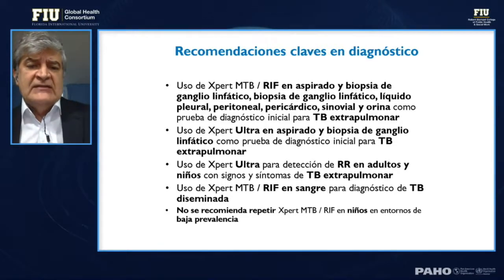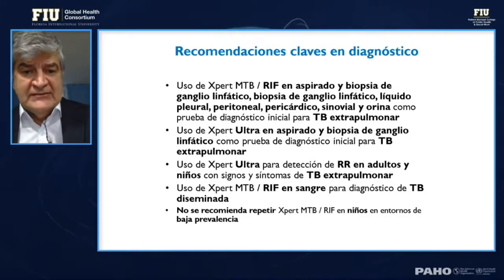Next slide, please. It's important to mention that besides the cerebrospinal fluid, the Xpert and molecular tests can be used for other aspirates and biopsies of lymph nodes, as well as pleural fluid, peritoneal, pericardial fluids, synovial fluid, and urine.